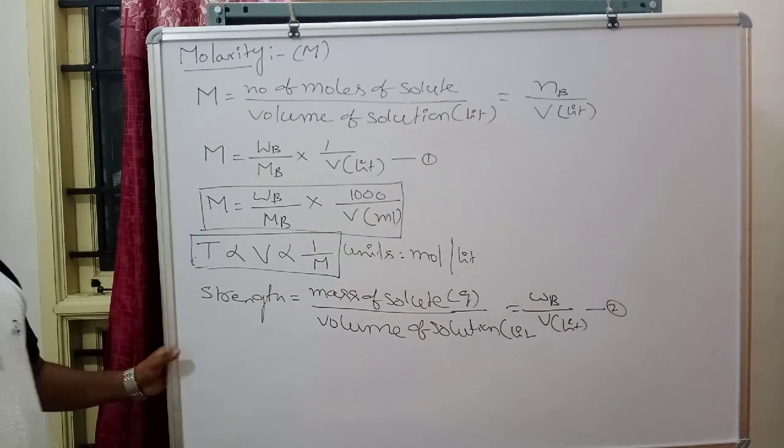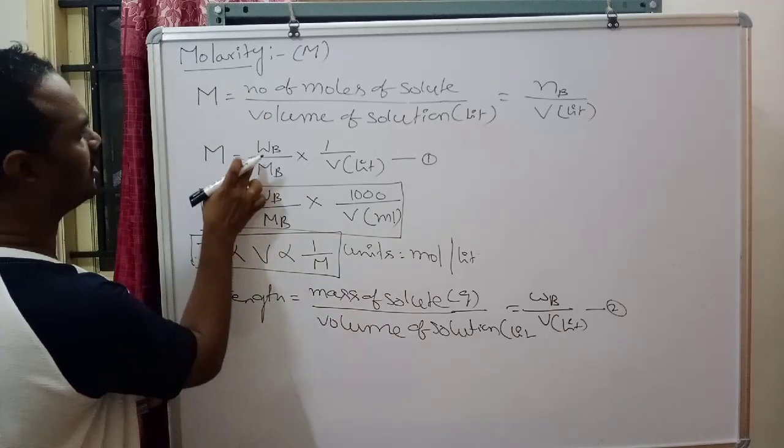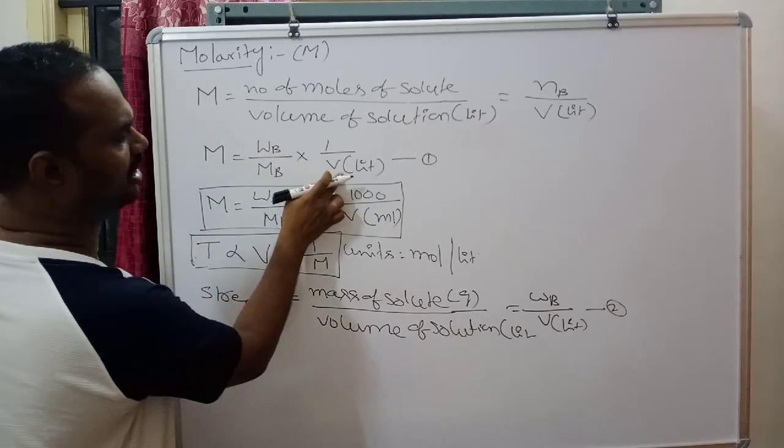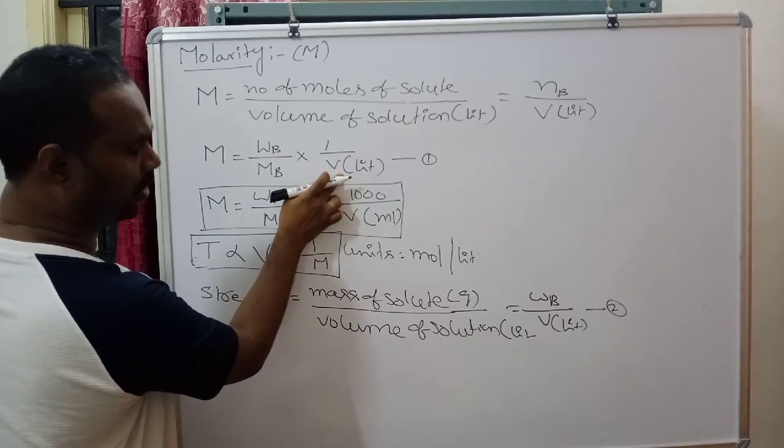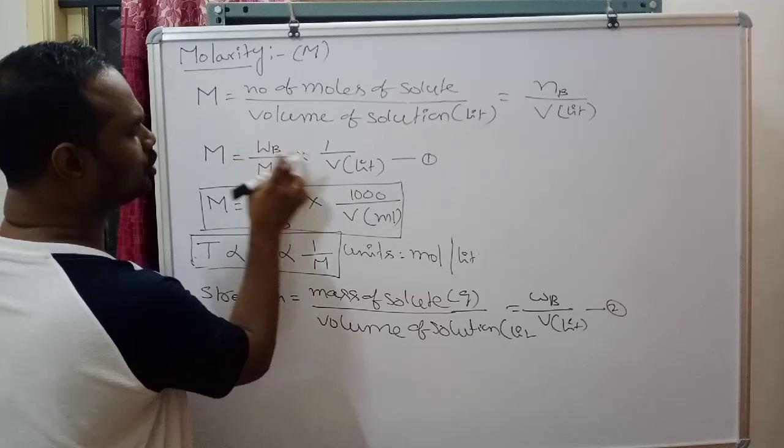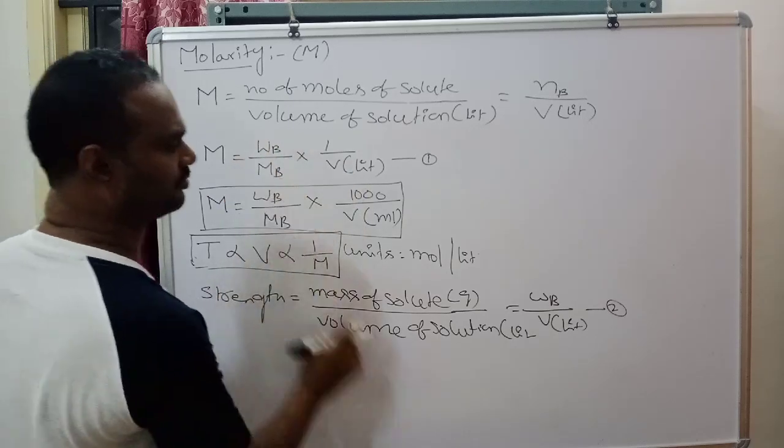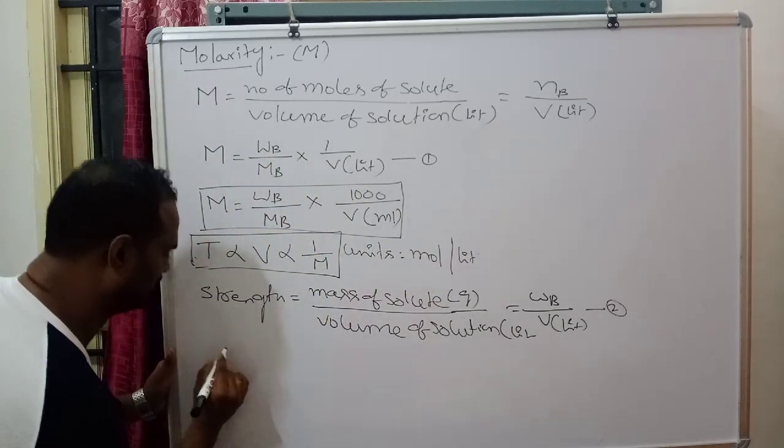Now, in equation 1, in the place of mass of solute by volume of solution, WB by V, we can write strength of solution.